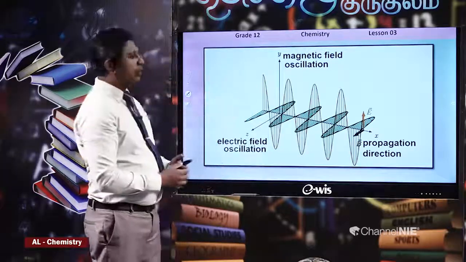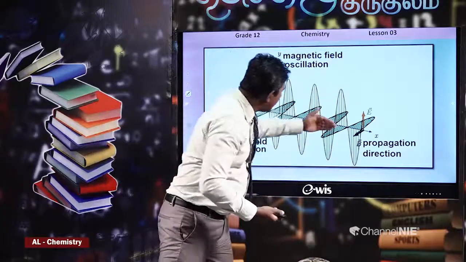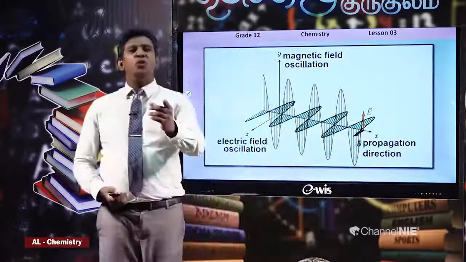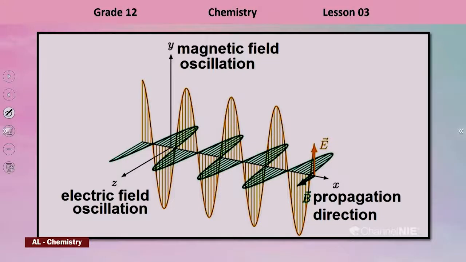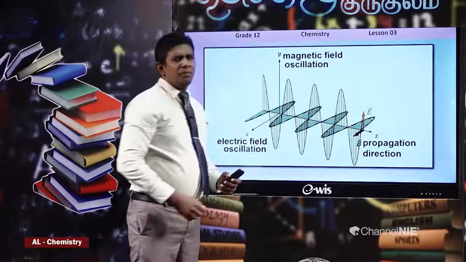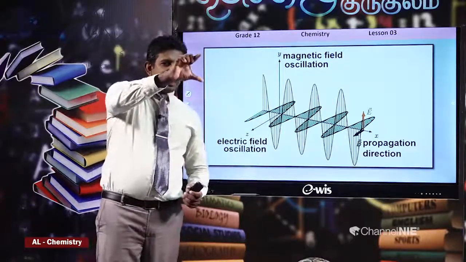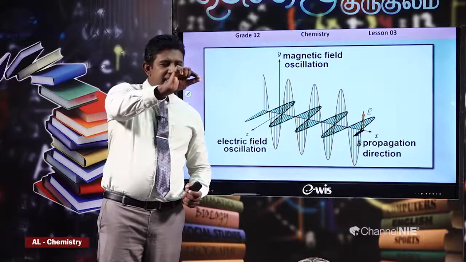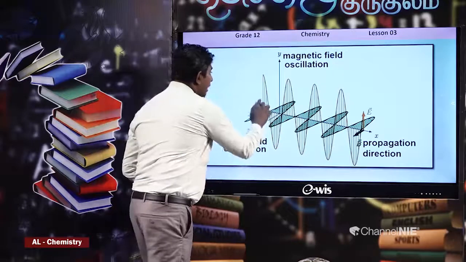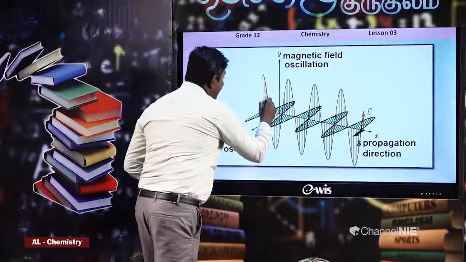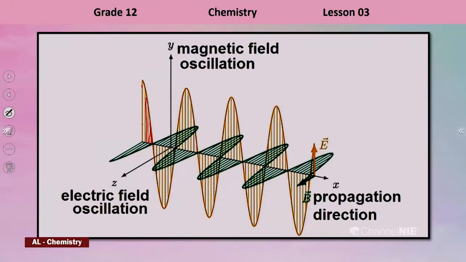Therefore, if you denote this direction here as the propagation direction, you could find that they have an oscillating magnetic field. What is oscillating? Its magnetic field strength is increasing, decreasing and changing phase. So here it's decreasing, decreasing, then after that in the other phase increasing.